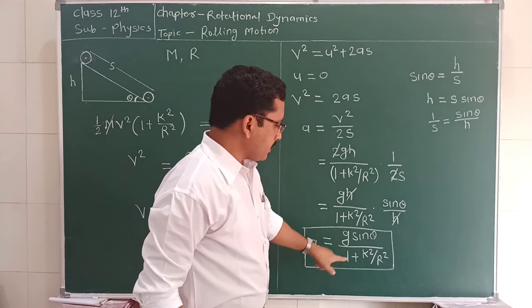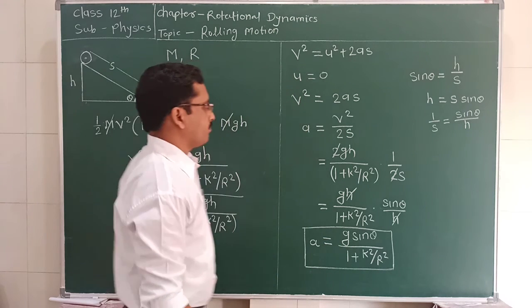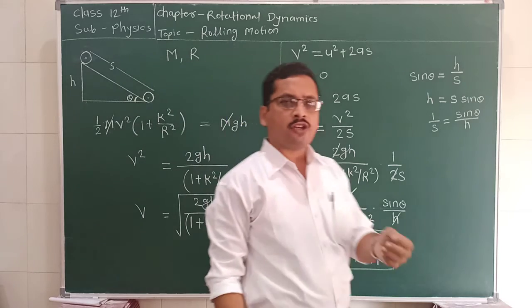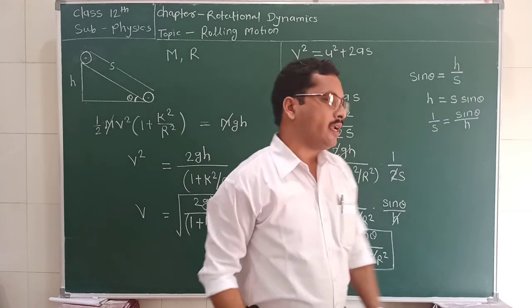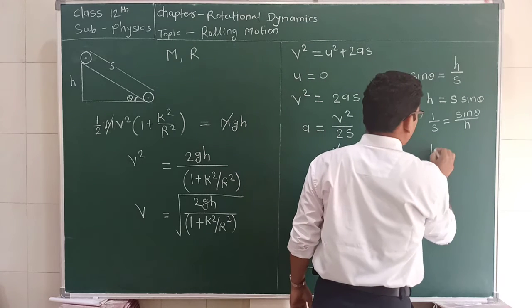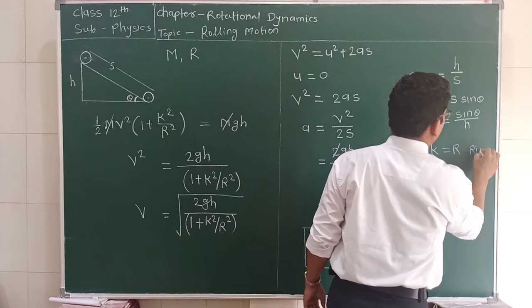Therefore, from this equation, if we consider the special case of a ring, for a ring the radius of gyration is equal to the radius of that ring. We can say that k = r, for the ring.